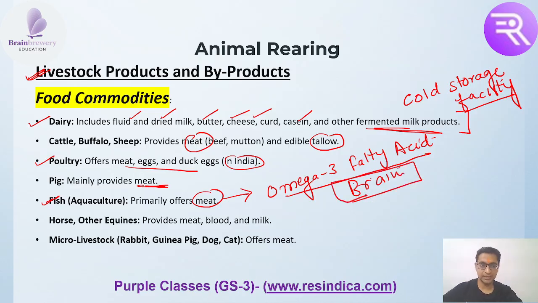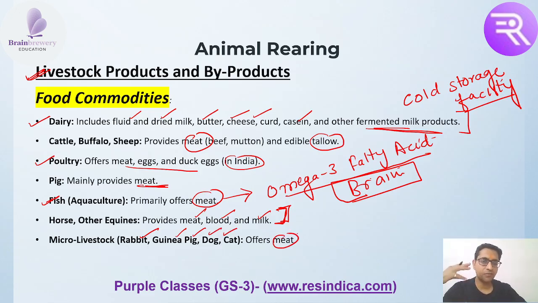It has been suggested, but we are not doctors, we have just told you what we have read, and you should take your doctor's advice. Then horses also provide meat, blood, and milk, maybe for some other purposes. At the micro level, rabbit, guinea pig, pig, dog and cat are there. They offer meat. So a lot of products are offered by livestock.